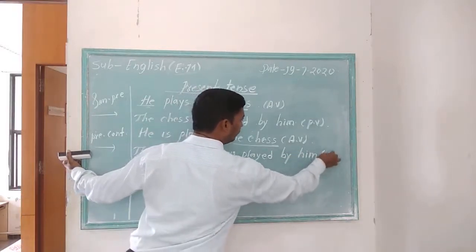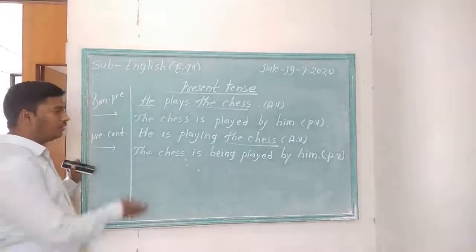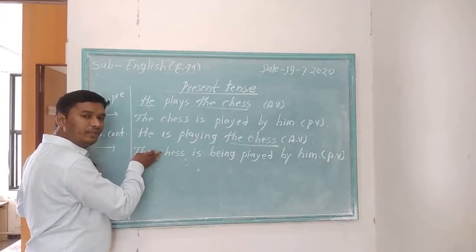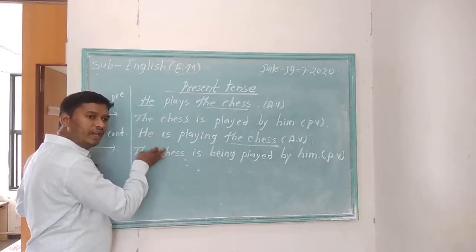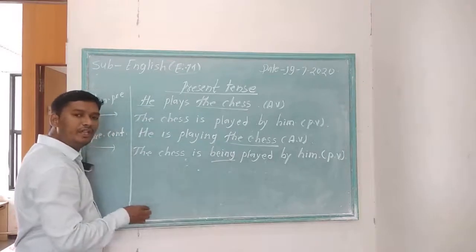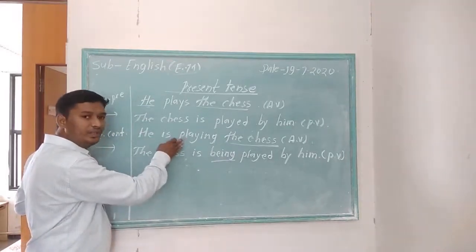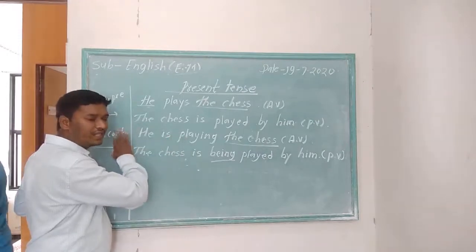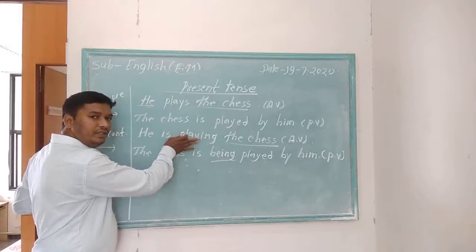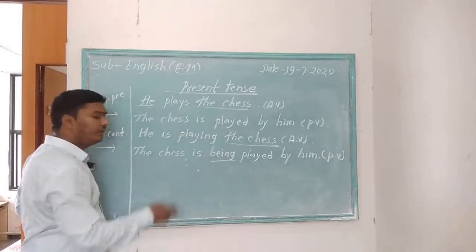It is in passive voice. Look, what is the difference between the first and second example? In the second example, I have just added "being" after the auxiliary verb because it is in continuous tense. Other changes are the same: object, proper auxiliary, then being, then played, then by, then he into him.